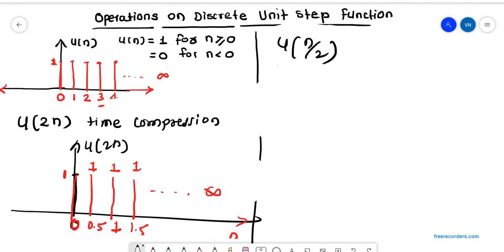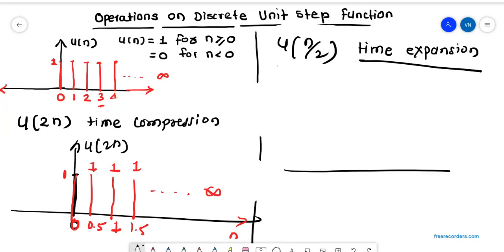Suppose I write u of n divided by 2. So what is the meaning of this? Basically the meaning of this statement is nothing but time expansion. So how can we do this? Simply you can write u of n divided by 2. We have to multiply each and every time period by 2.